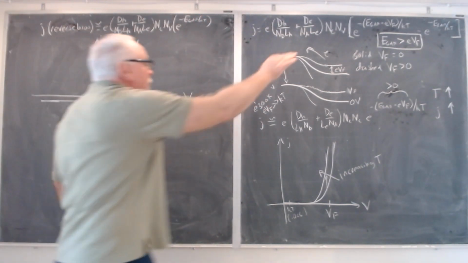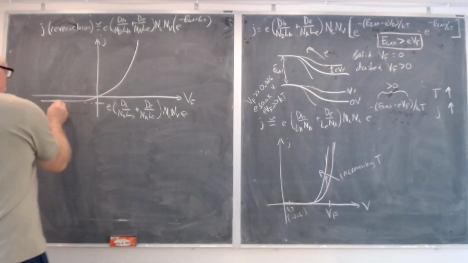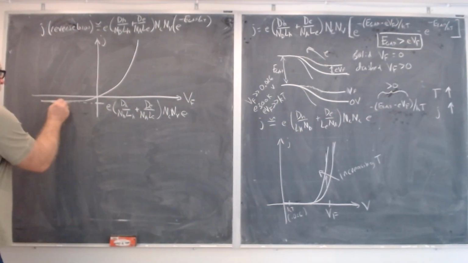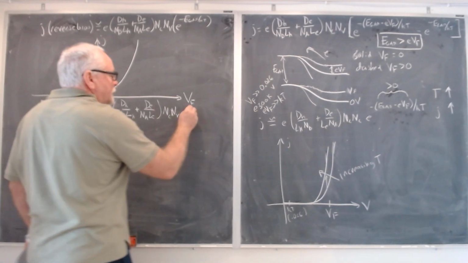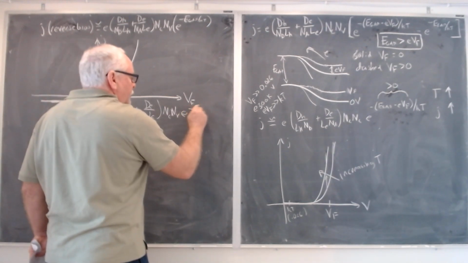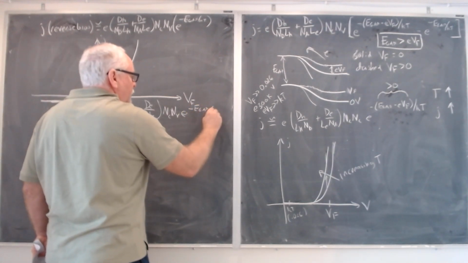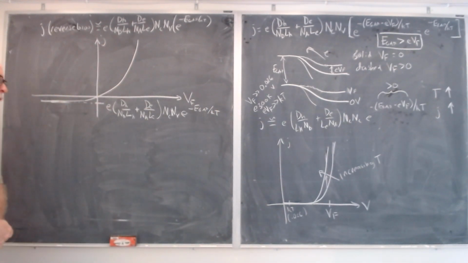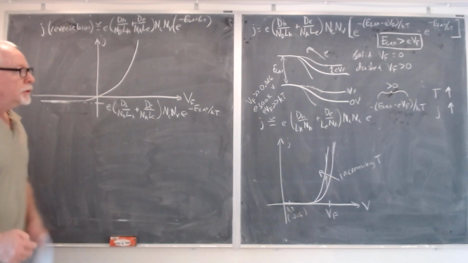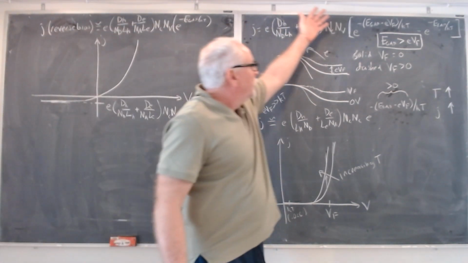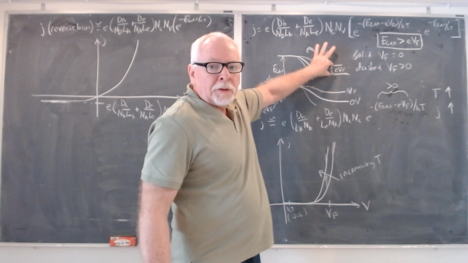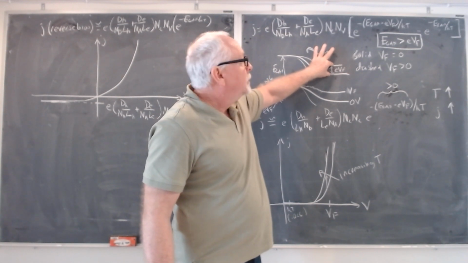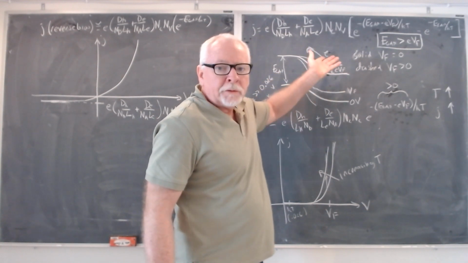Because this one went away. So this constant value out here at a far enough reverse bias is just that. And the point is that even though we derived this formula for a positive forward bias, it works for negative as well.